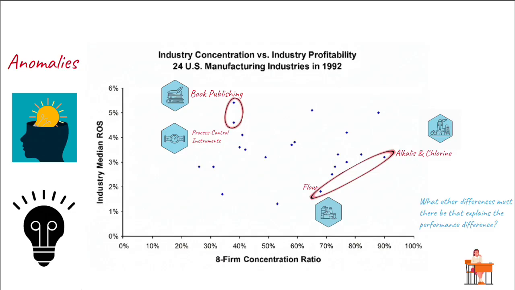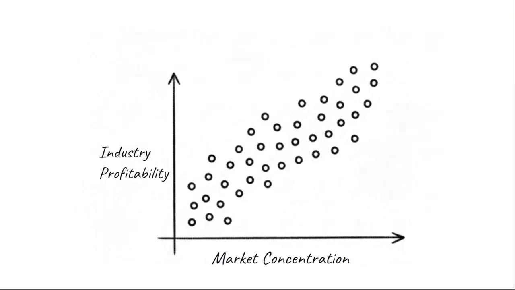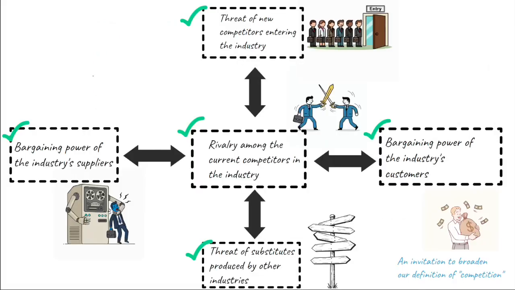If it were just the rivalry among the current competitors in the industry, then we would expect market concentration to play a much larger role in determining the overall profitability of an industry. But we've already seen in our scatterplot exercise that that's not the case. What that indicates to us is that it's not just the rivalry among the current competitors in the industry.